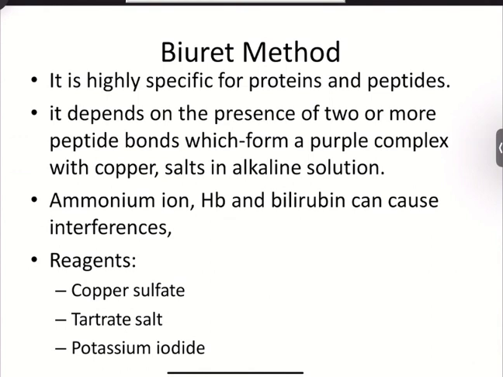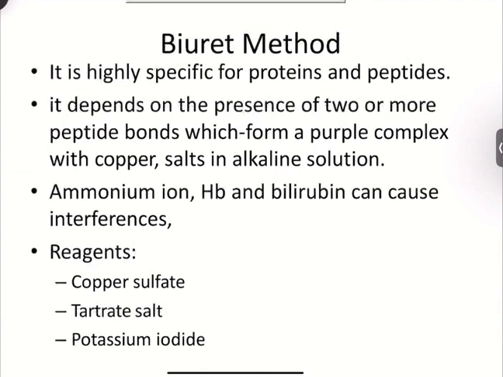Ammonium ions, hemoglobins, and bilirubin can cause interference. It is also known to be a good binder in your Biuret reagent, such as your copper sulfate. Reagents: copper sulfate, tartrate salt, potassium iodide.